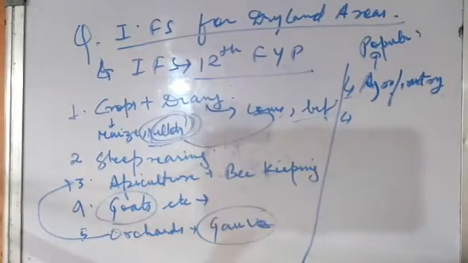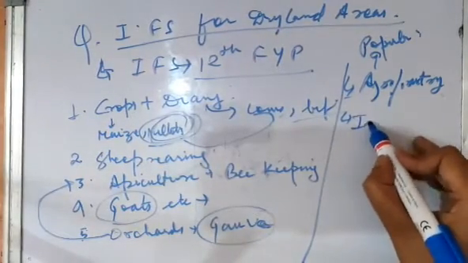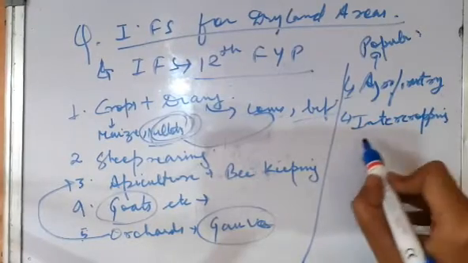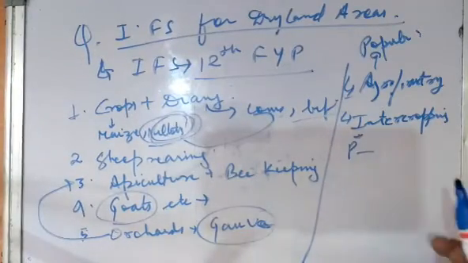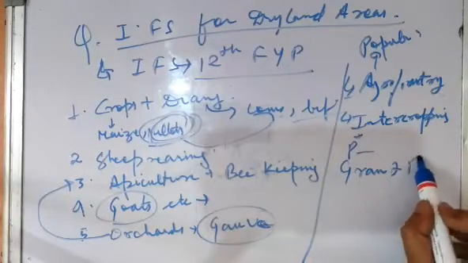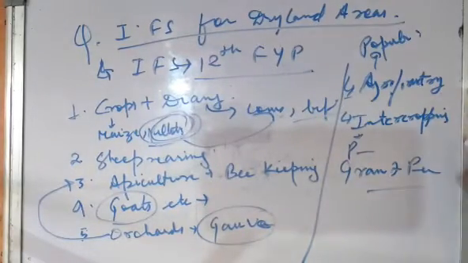Sesame etc. Intercropping can be practiced, like of pulses. Various pulses can be used, like gram plus pea etc. So these kinds of intercropping can be done.